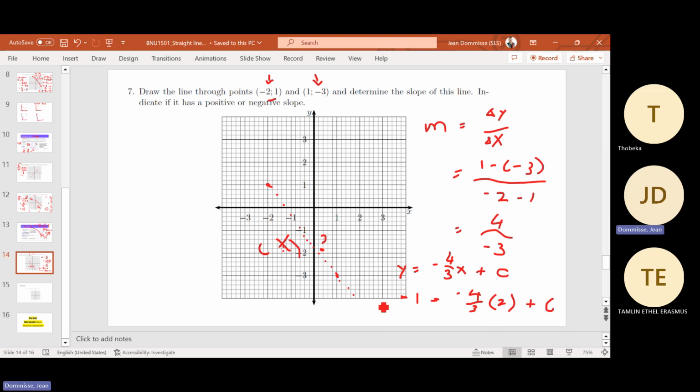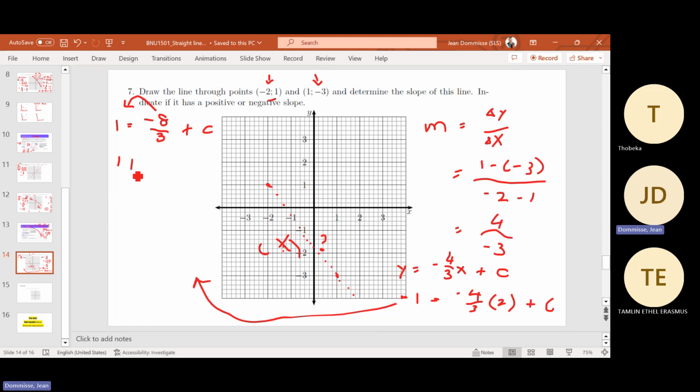Okay, and then if we multiply that out, let's work further on this side. So we had 1 is equal to, let's say, 8 over 3 plus C. So I'll need to take that over to that side.